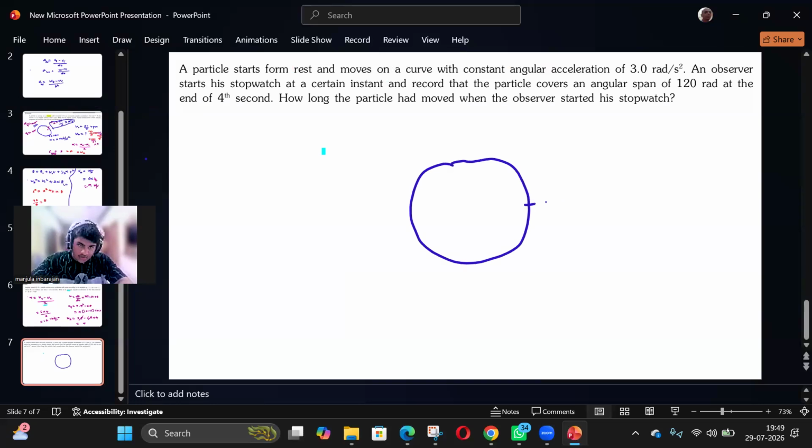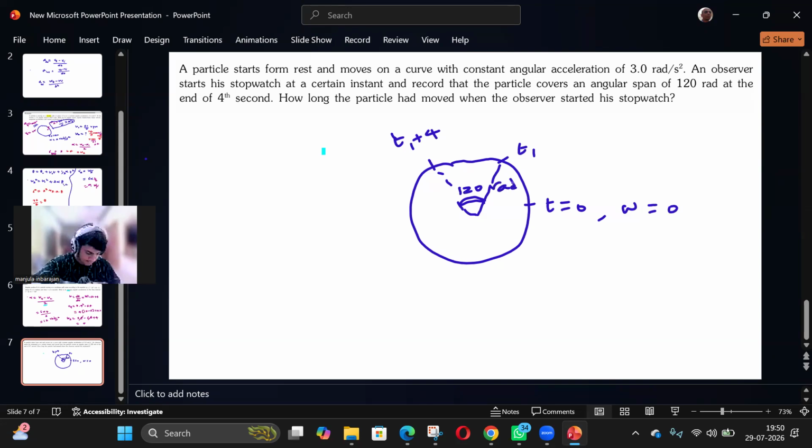See, the particle is in circular motion here at t equal to 0, and the corresponding omega is 0 because it starts from rest. The stopwatch is starting at some time t1. At the end of the 4th second, the time will be t1 plus 4. So the angle covered between these two times is how much? It's given in the question: 120 radians.